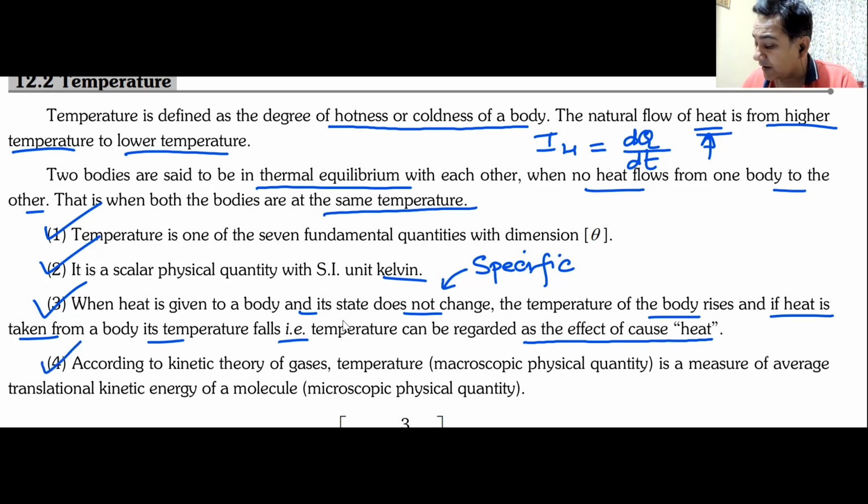According to the kinetic theory of gases, there are two types of properties of a gas: one is known as macroscopic and the other is known as microscopic. Microscopic properties are very small properties which actually cannot be seen. Macroscopic properties of a gas are properties which can be measured and which you can imagine.